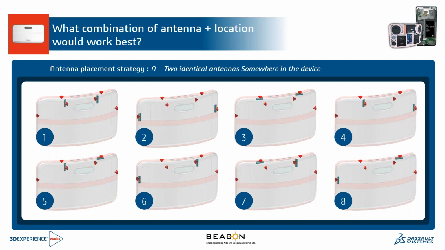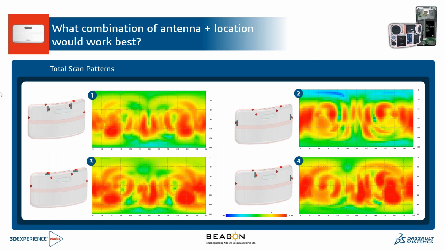So now, since we saw that there was a scope of improvement for better coverage, we will now look through the placement strategy. Initially, we are trying to place two identical antennas within the beaming to see how well the total scan pattern, or the radiation pattern, we can get. So here, if we see, initially when both of them were placed in the top front, various types of total scan pattern we can observe by positioning at different positions.